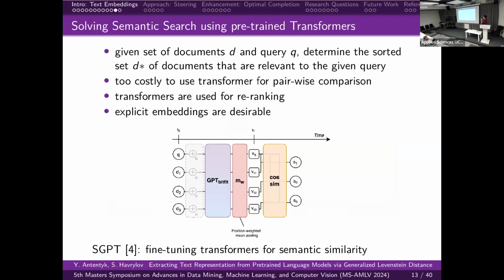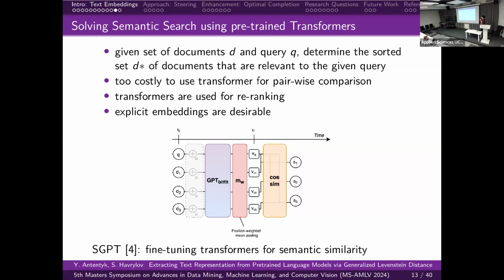So, for example, here is a paper that tried to fine-tune GPT for the semantic similarity task. What they did, they took the query, they took the documents, they encoded them via GPT. They had some kind of embeddings, they did cosine similarity, and they trained with in-batch negatives, and basically that's all. But if you have a lot of documents, then you cannot really combine the query with every document, because it's time consuming.